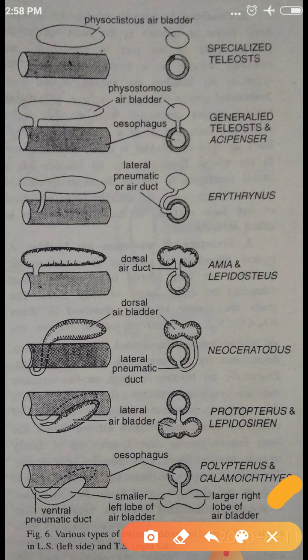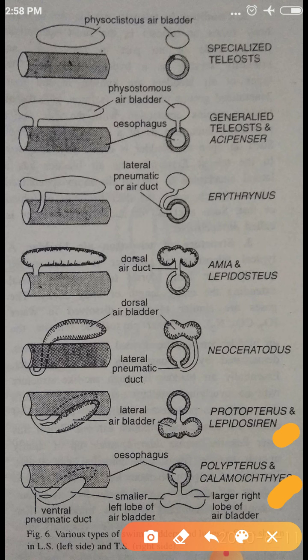Then in lungfishes, Protopterus or Lepidosiren, the swim bladder condition is similar, but the two lobes are equal in size and have thick vascular walls with alveoli and septa.